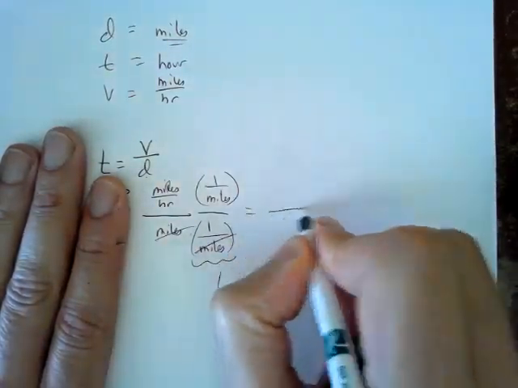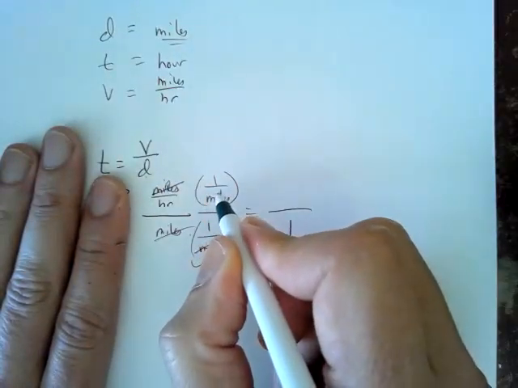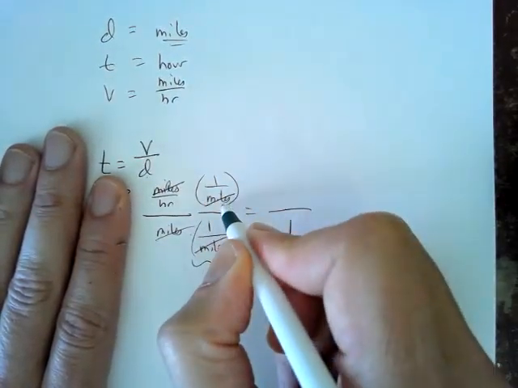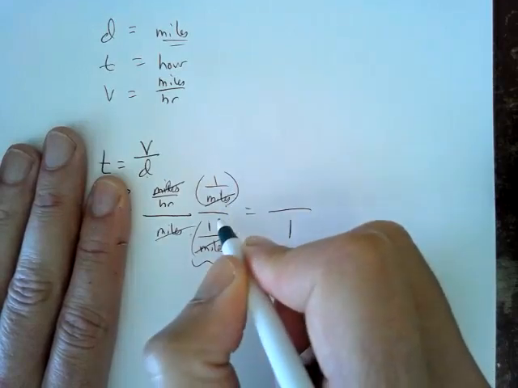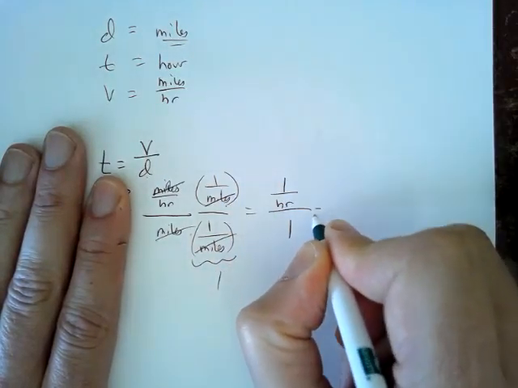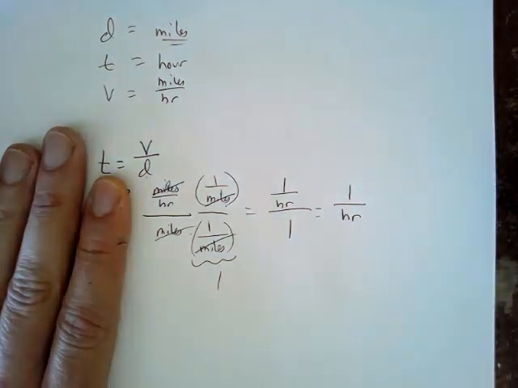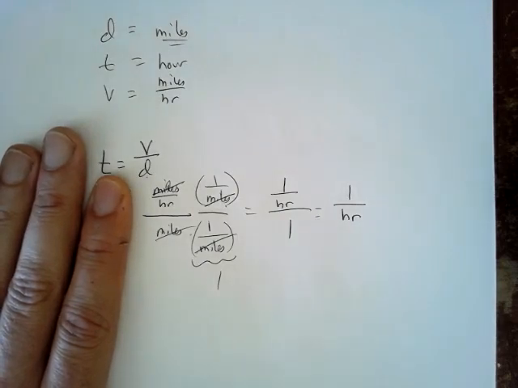Denominator cancels, so the denominator becomes 1. Miles in the numerator of the numerator cancels miles in the denominator of the numerator, and this becomes 1 over hours. And 1 over hours over 1, anything over itself is 1. So 1 over hours over 1 is equal to 1 over hours.